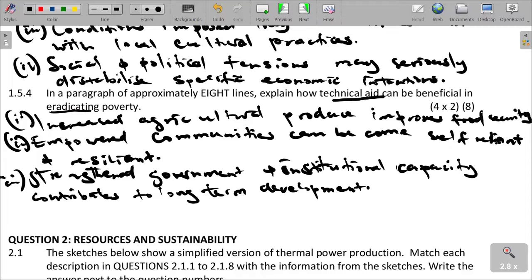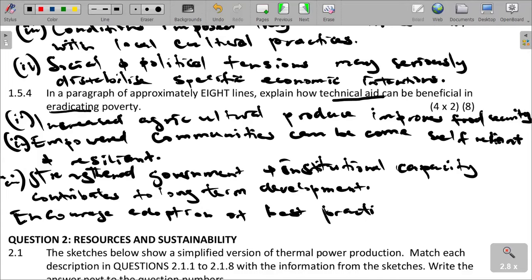We can also look at encouraging the adoption of best practices and innovative approaches.